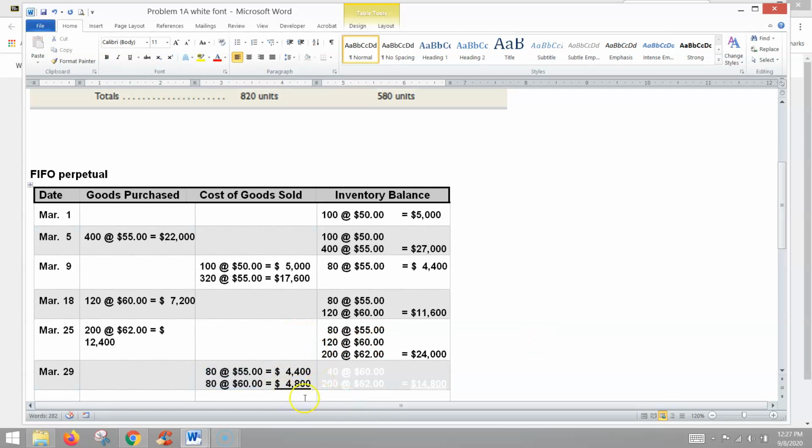That's our total cost of goods sold. Then we determine what's left in inventory. All of the $55 product is gone. We had 120, we subtract 80, so we have 40 left at the $60 layer. And then we still have 200 at $62.